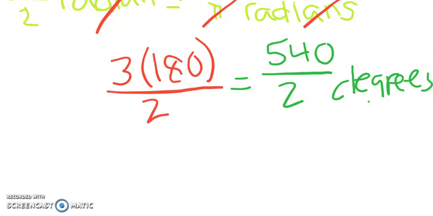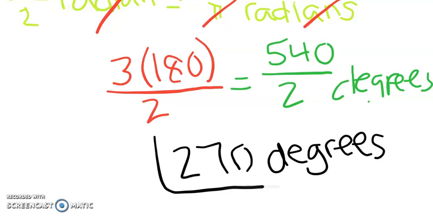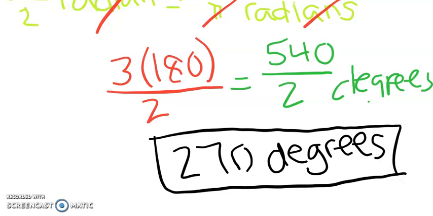Now, we can simplify this into 270 degrees. And this would be our answer. So now we know that 3 pi over 2 radians is equal to 270 degrees.